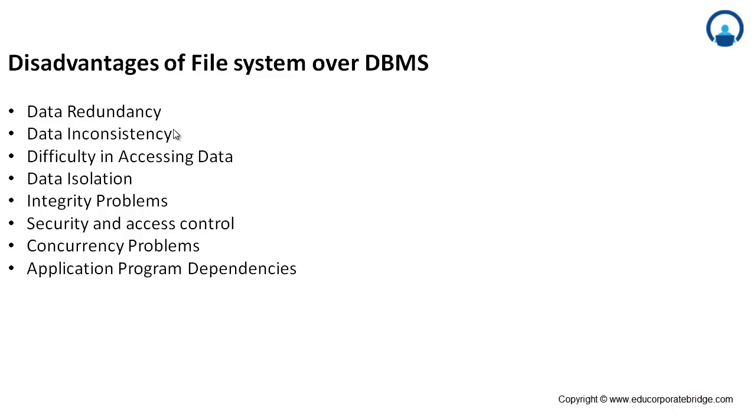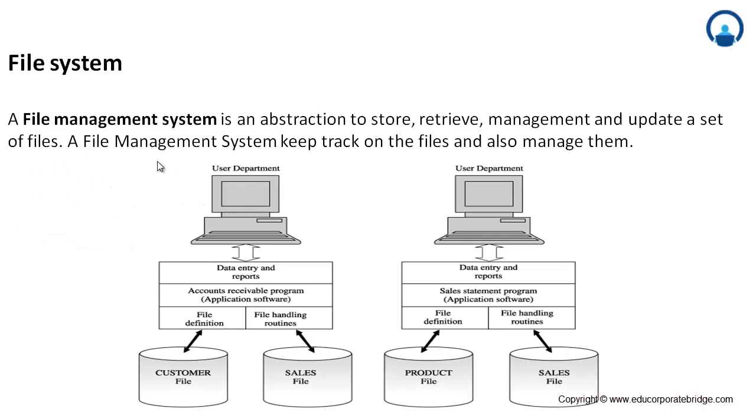We will go to the diagram. In data inconsistency, suppose user A has updated files and user B has old files. That means these files have old data, or data which is not present in user A's files. Now some high-level users, like a manager or CEO, will refer to these files.